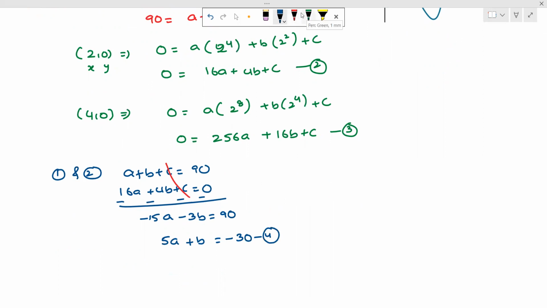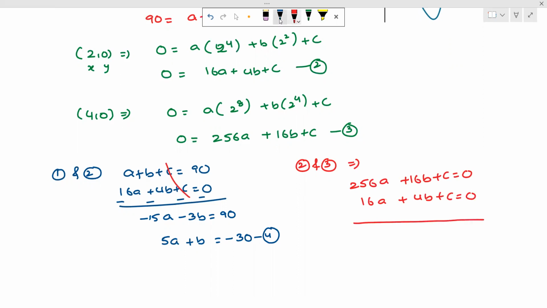Now, another equation: I am taking 2 and 3. If I solve 2 and 3, 256a plus 16b plus c is 0, and 16a plus 4b plus c is 0.